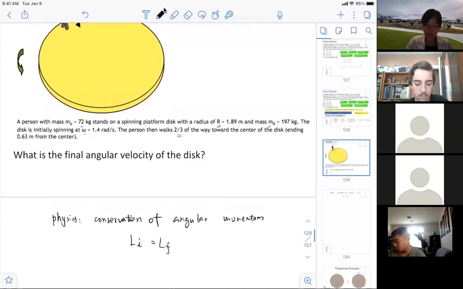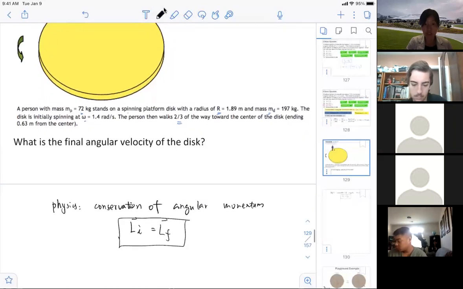So if it doesn't explicitly say there is friction, we can assume there's no friction to generate an external torque, so your momentum remains constant. So this is the physics we are going to use.